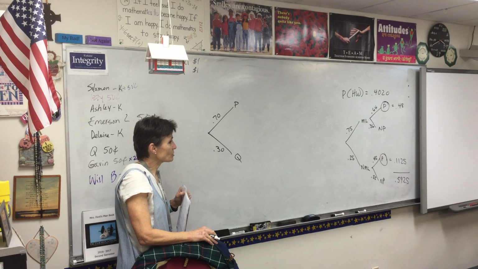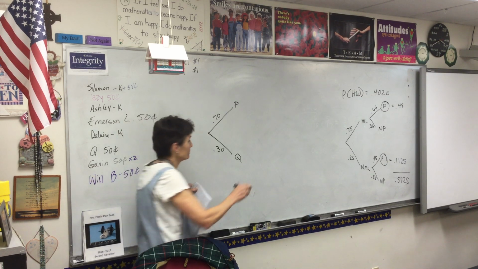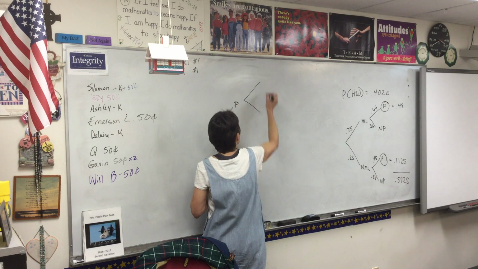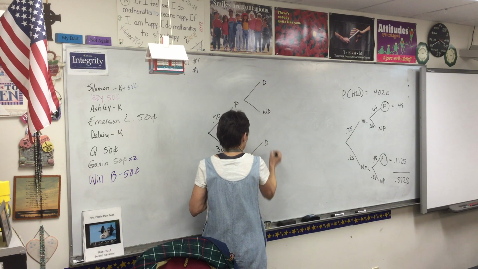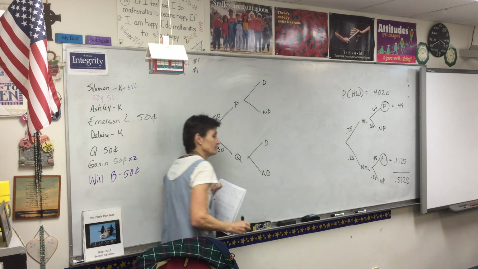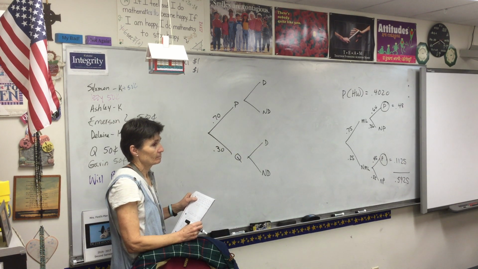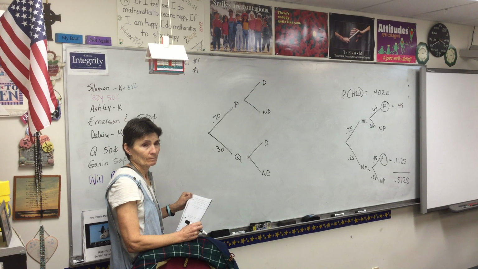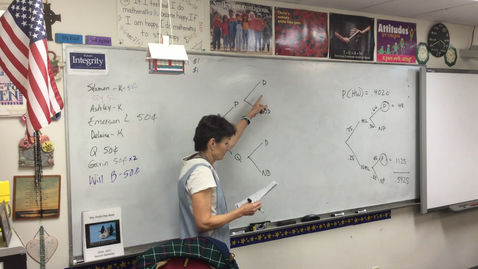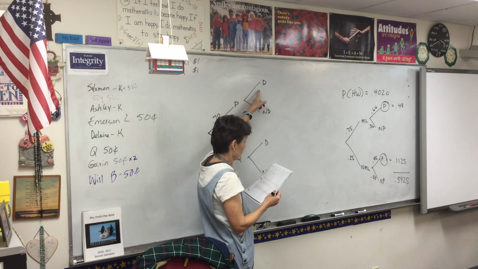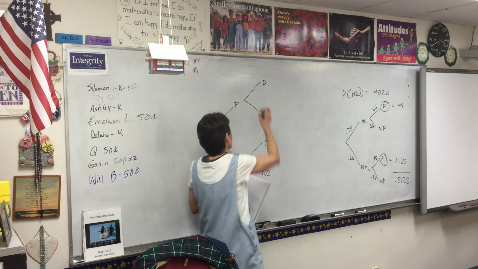Now once I go into the store to buy my bananas, they can be either delicious or not delicious. How many delicious come from P? 90%.